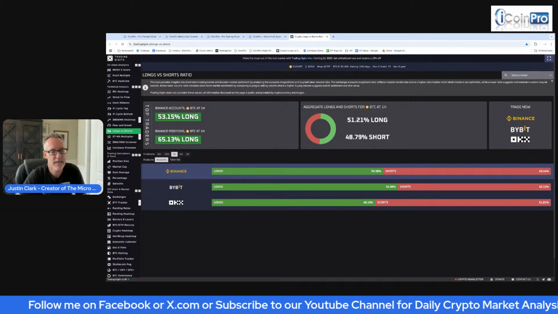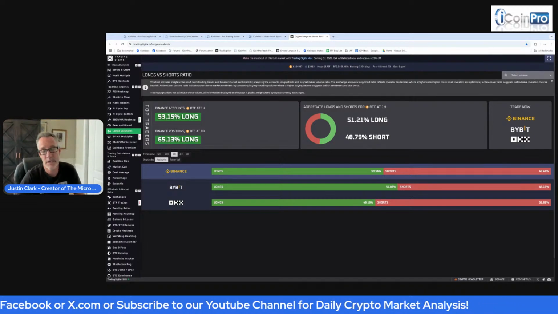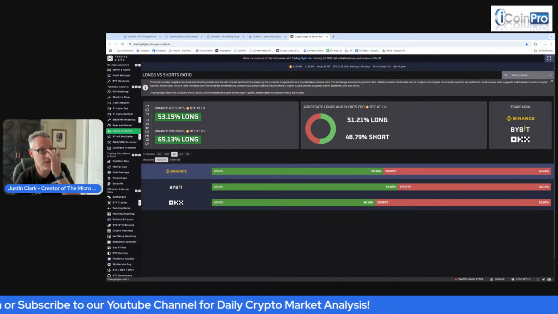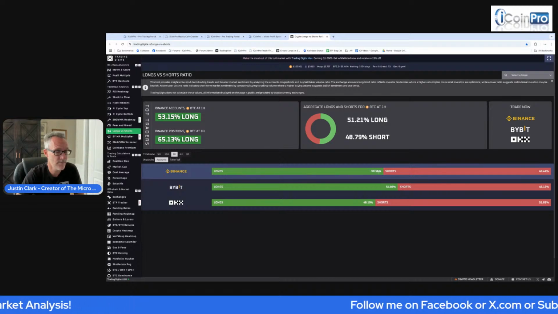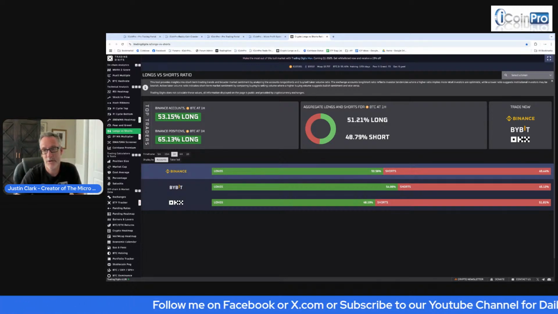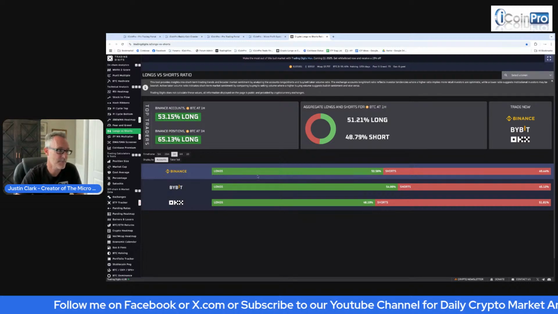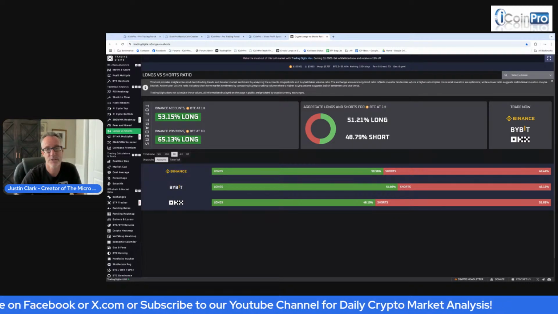Leverage is where you're borrowing money to exaggerate your gains or your losses. And it can really mess you up because you can liquidate your account in a hurry. If you've heard of people liquidating their accounts, that's because they were using leverage or options trading or stuff like that.